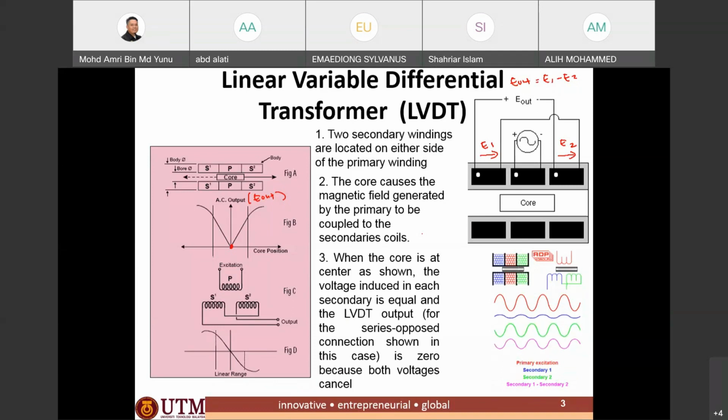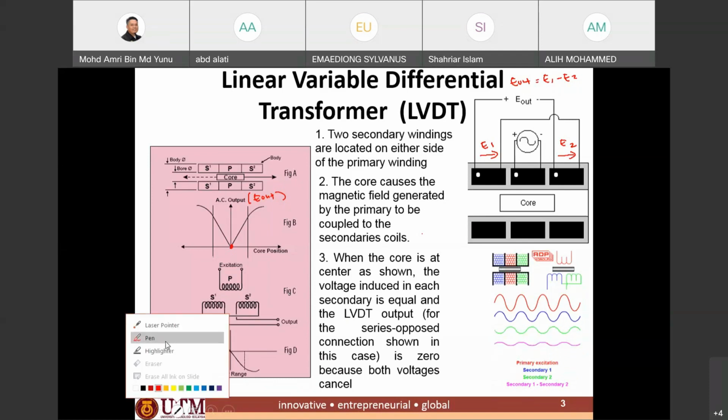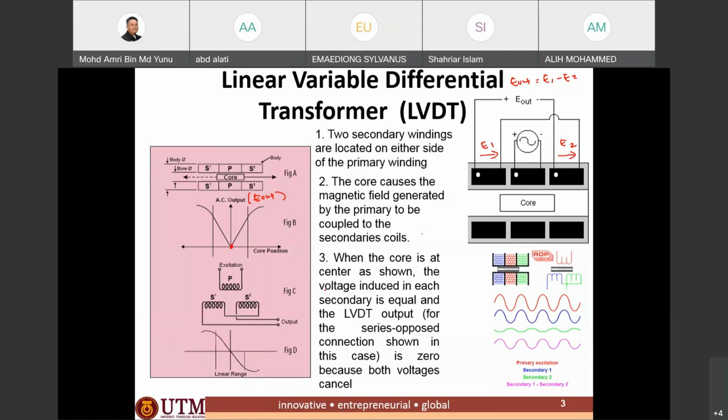So the construction of the basic LVDT is as can be seen from this figure. The LVDT basically has two parts of secondary windings, located on either side of the primary winding.